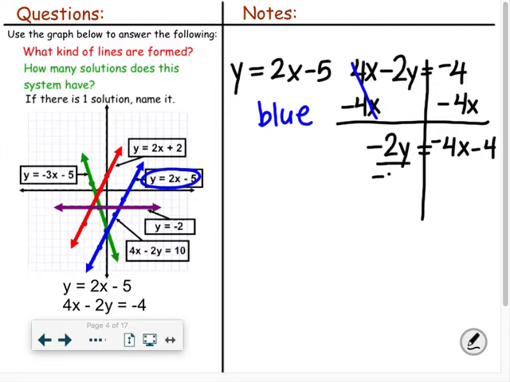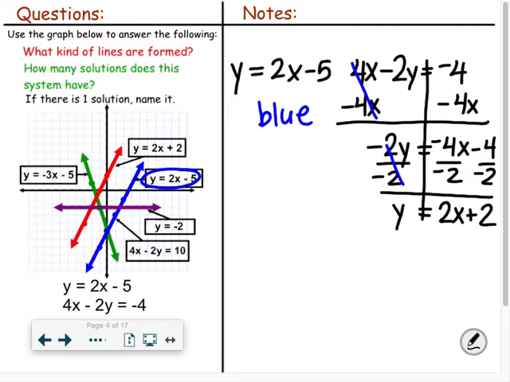Then divide everything by negative 2 so that the y is alone. Negative 4 divided by negative 2 is 2, so 2x plus 2. So now I can tell that this is the red line right here. So the blue line and the red line, their relationship to each other, those lines are called parallel.